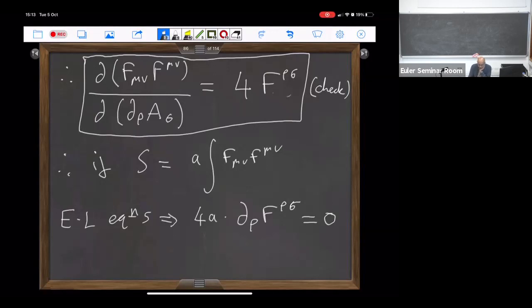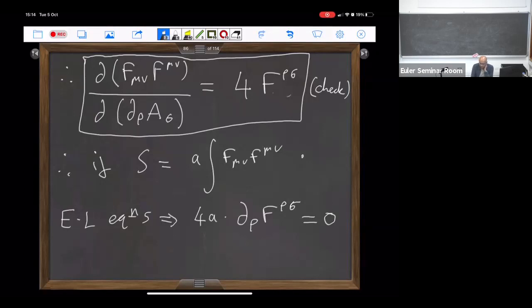So therefore, if the Euler-Lagrange equations are derived from a times the integral of F_{μν} squared, we will get that 4a times the divergence of F^{ρσ} is 0.